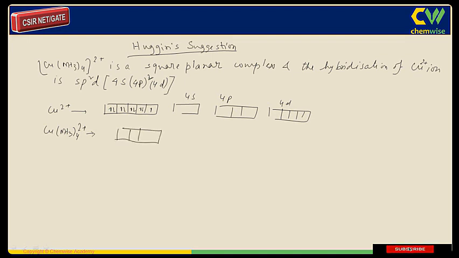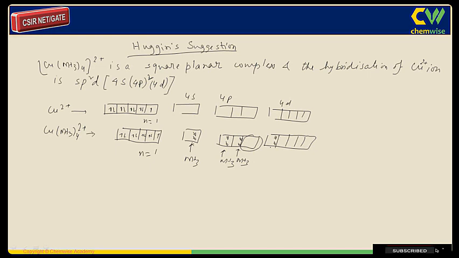According to Huggins, there is one unpaired electron, n equal to 1, and it remains the same. Then one ammonia is incorporated in the p orbital, here one ammonia, here another ammonia, and another ammonia overlaps with the d orbital. So one orbital remains all vacant.